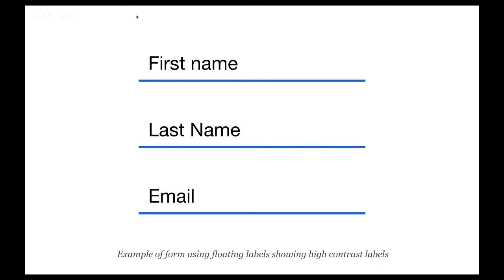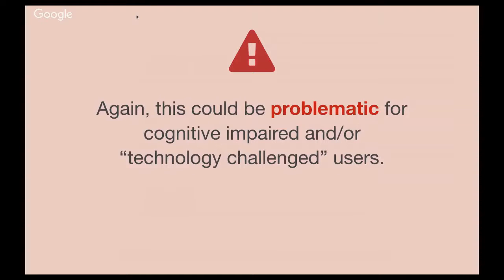And if a user came to this form, some types of users may not even think that that's a form at all, because there's actually information sort of in place already. Now, as soon as they click into it, most users will discover and learn about these sort of forms. But it just, again, has a barrier to some users. So again, problematic for potentially some groups of cognitively impaired and also technology challenged users.